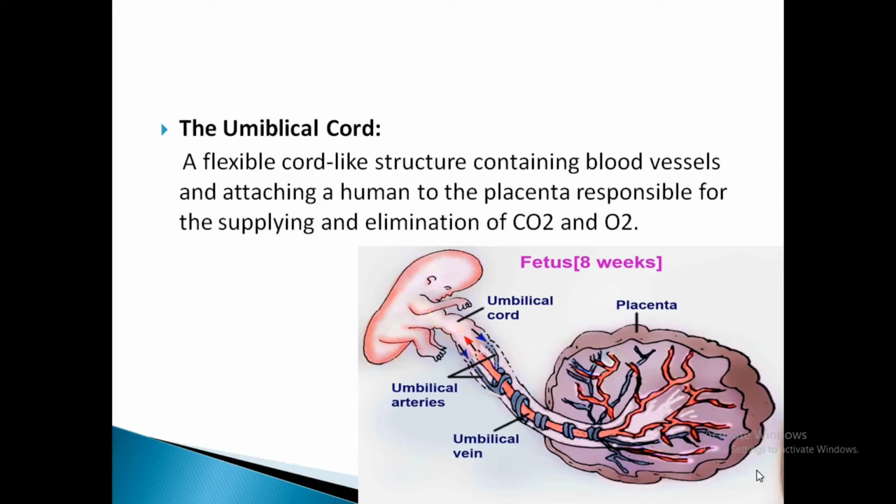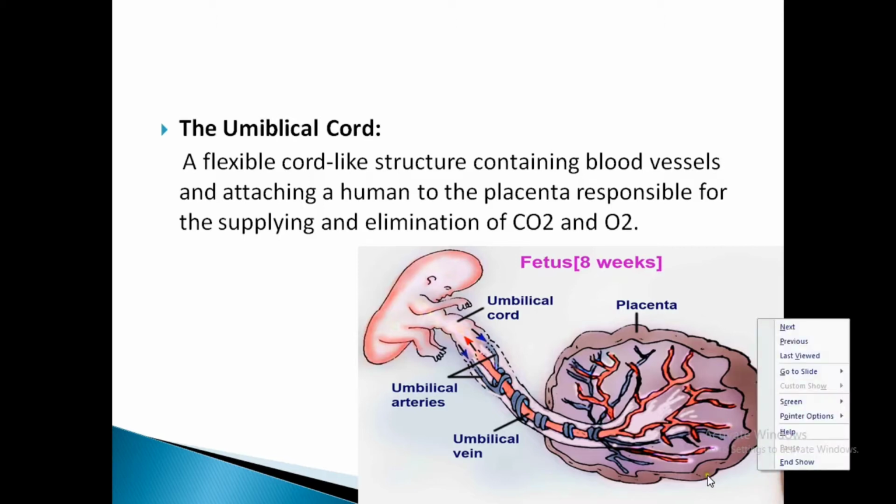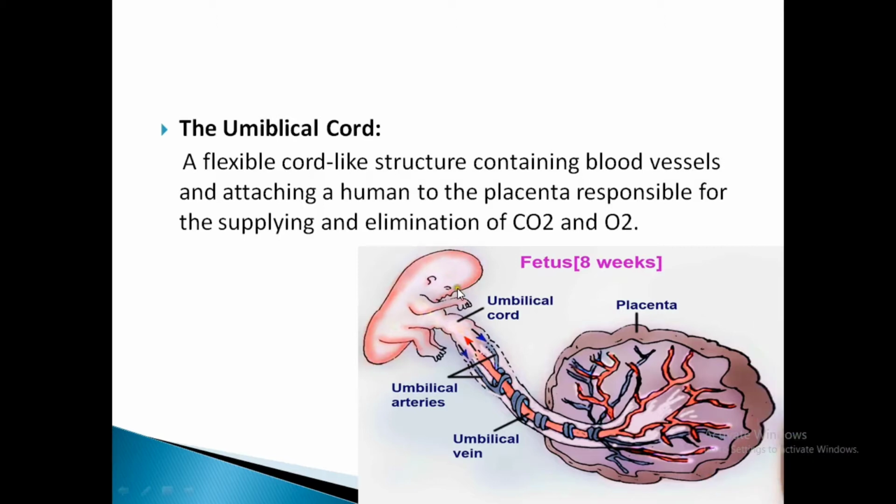So here we have discussed three definitions. First of all, we have discussed what is a fetus. Fetus is a state of a prenatal mammal, that is a mammal which is about to be born or in the process of being born, between the embryonic state and its birth. Then we have discussed the word placenta.